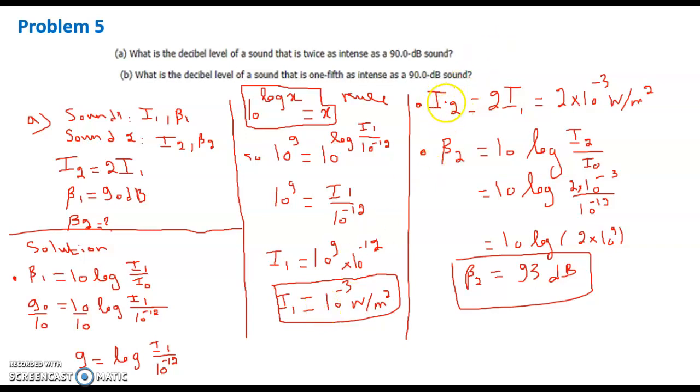All you have to do is start from here, say that I2 is I1 over 5, substitute it, and do the calculations on the calculator. So in part B, the only difference is that I2 is equal to I1 over 5 and you have to do the same work here. Alright, no need to do it again.